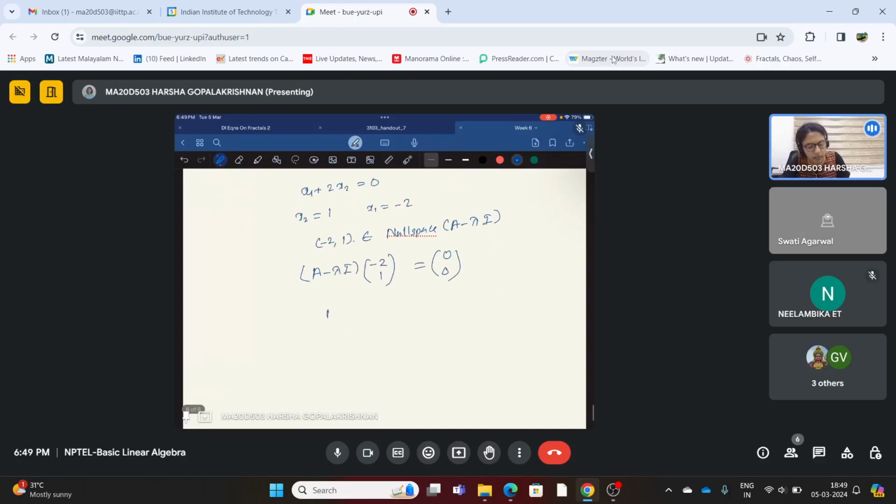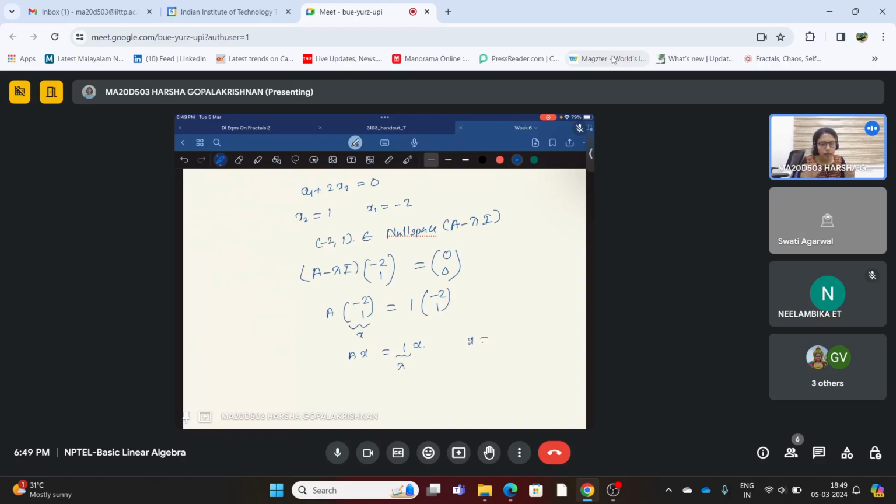So what does that mean? A times (minus 2, 1) equals, here lambda is 1, 1 times (minus 2, 1). So we got a non-zero vector x such that A x equals lambda x, equal to 1x. Here 1 is our lambda and x is (minus 2, 1).